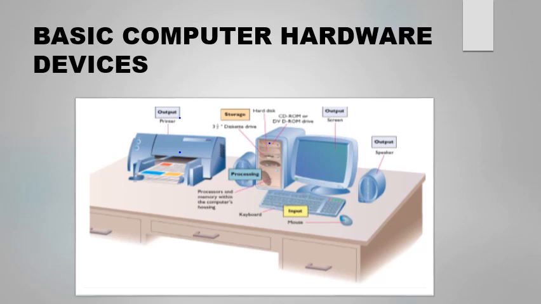The CPU has a hard disk and diskette drive, which are storage devices. Keyboard is an input device. A mouse is an input device. Speakers are output devices, and monitor is an output device.